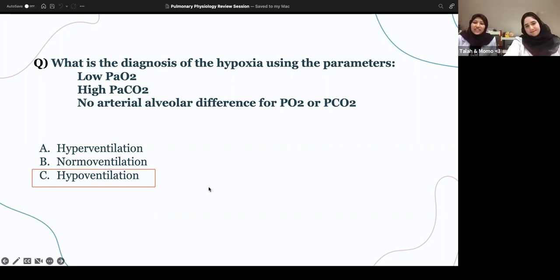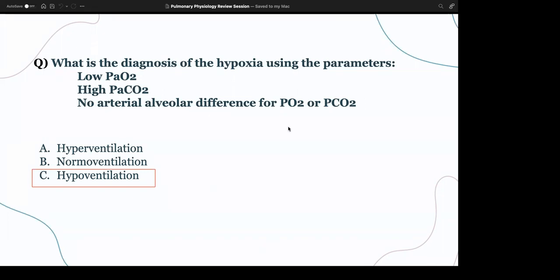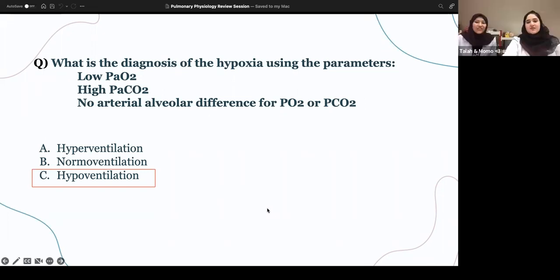In this case, would you have a high pH or a low pH? Low pH. And low pH would mean a right shift or left shift of the dissociation curve?